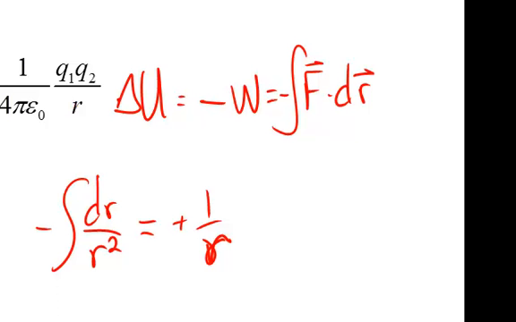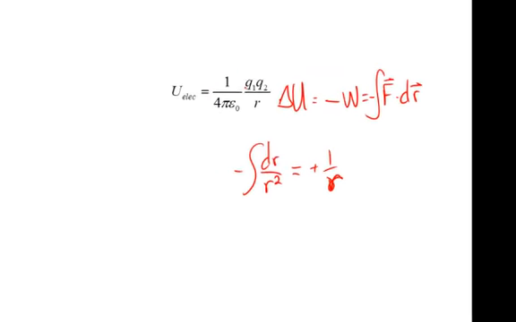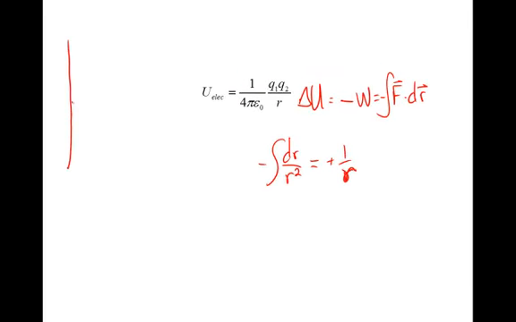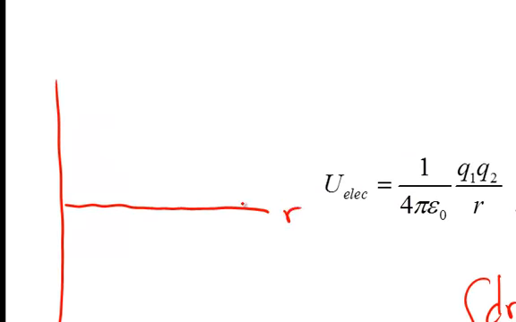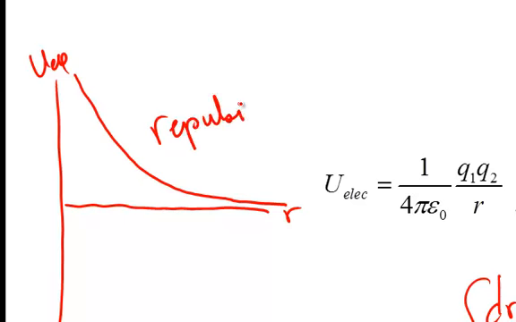Now with the gravitational force, we had a purely attractive potential, but right here, depending on the relative signs of these two, we can have either repulsive or attractive potentials. So if both of our charges are positive or both negative, this has a positive value at all times, and that curve ends up looking like this for a repulsive force.